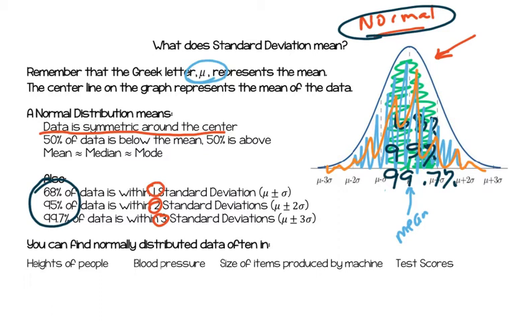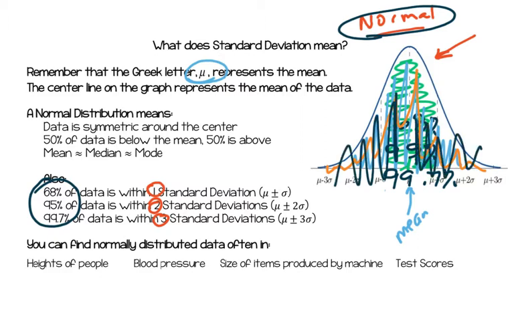You look at enough data, and most of it is average, and then you get on both ends of that. So if we did test scores, if I get a class of 30, it's probably not going to show a normal distribution. But if I got a group of 3,000, it's going to be a lot closer to a normal distribution. In a normal distribution, half of the data is below and half the data is above.